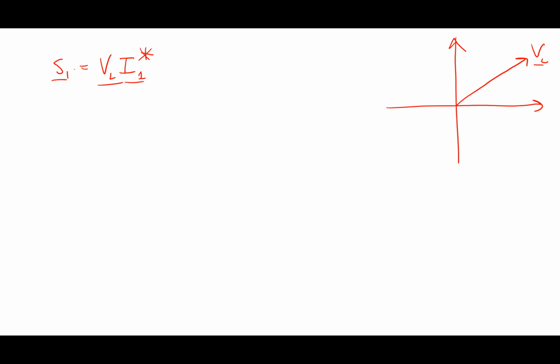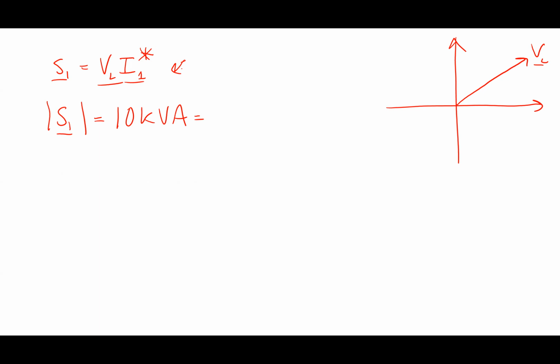Now, what do we already know? We already know the magnitude of S1. We were told that. The magnitude of S1 was 10 kVA. What's that equal to? Based on this equation, we can go back to the tables. I have many tables.